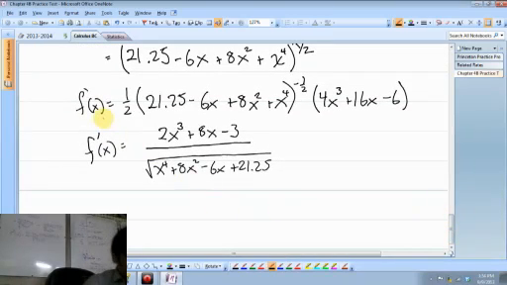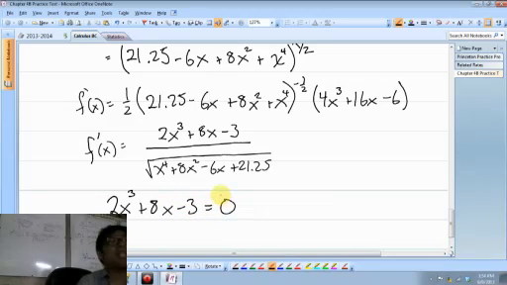Okay, we want to know when this is equal to 0. So let's do 2x cubed plus 8x minus 3. We want to set that equal to 0 and solve that with our calculator. You cry and you move to the next problem.